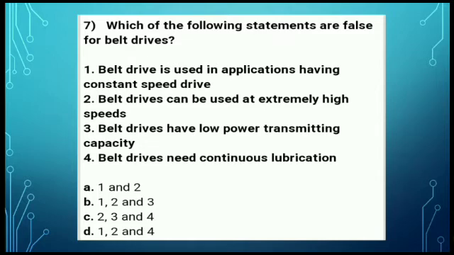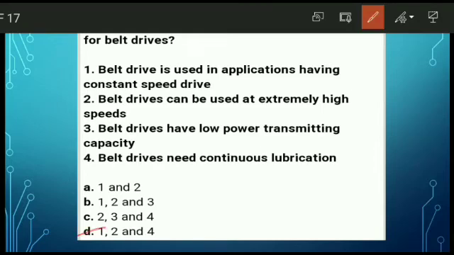This is also a false statement because belt drives don't need continuous lubrication. In case of gear drive, there we need continuous lubrication. So these 1, 2 and 4 are our false statements. So the answer is option D.